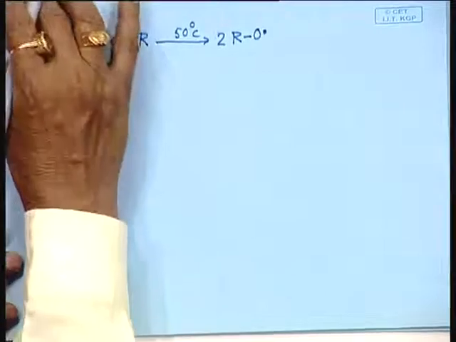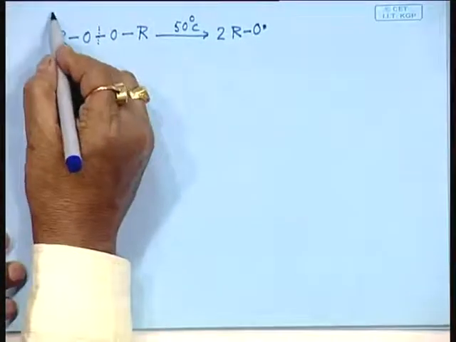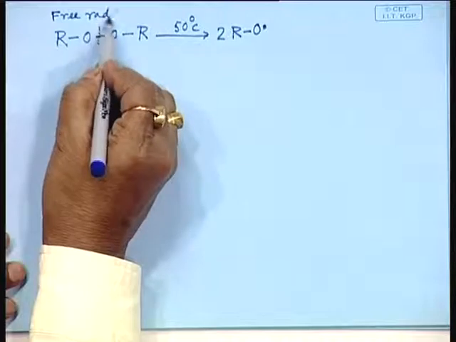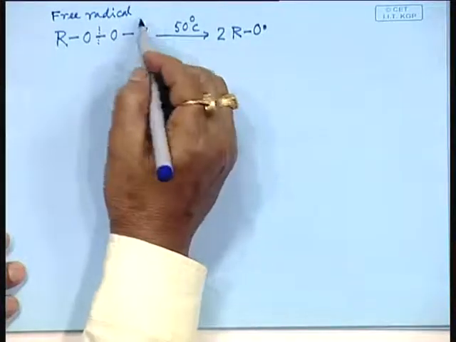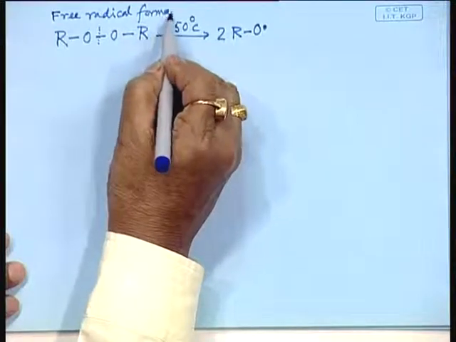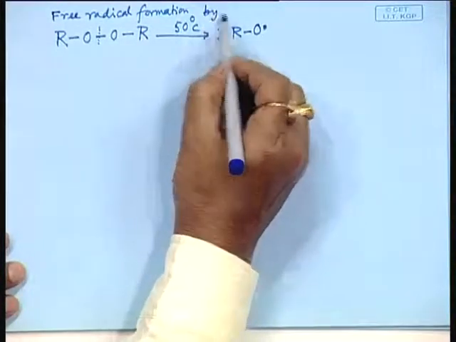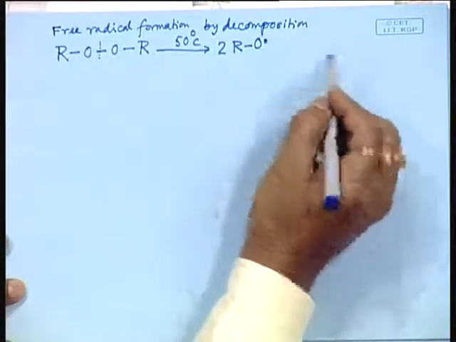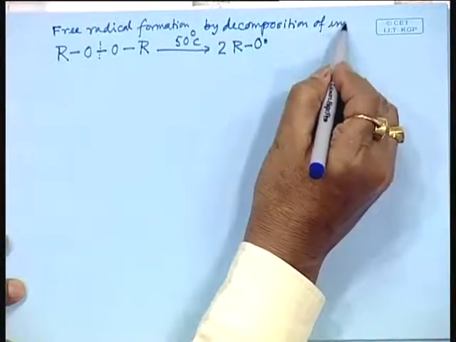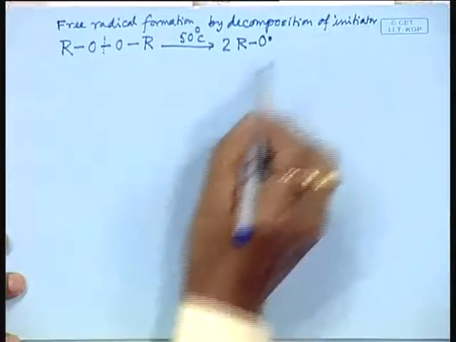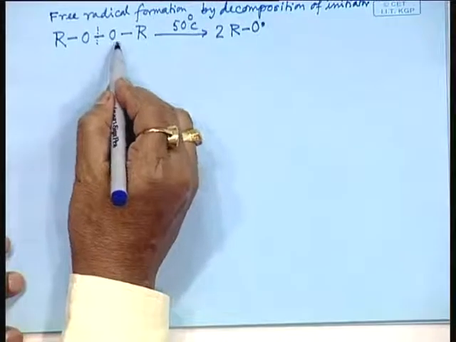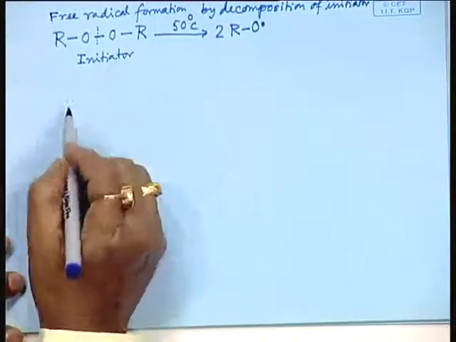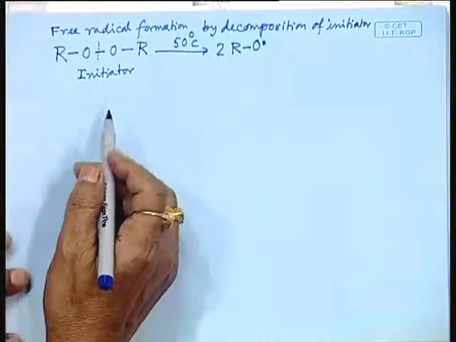This is a free radical formation reaction. Here this ROOR is an initiator.